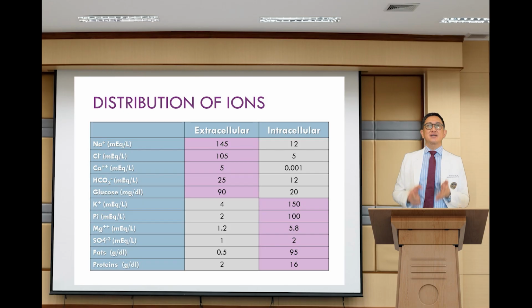So the major extracellular cation is sodium. The major intracellular cation of the cell is your potassium. So these are the major solutes or cations in the extra and intracellular cell.